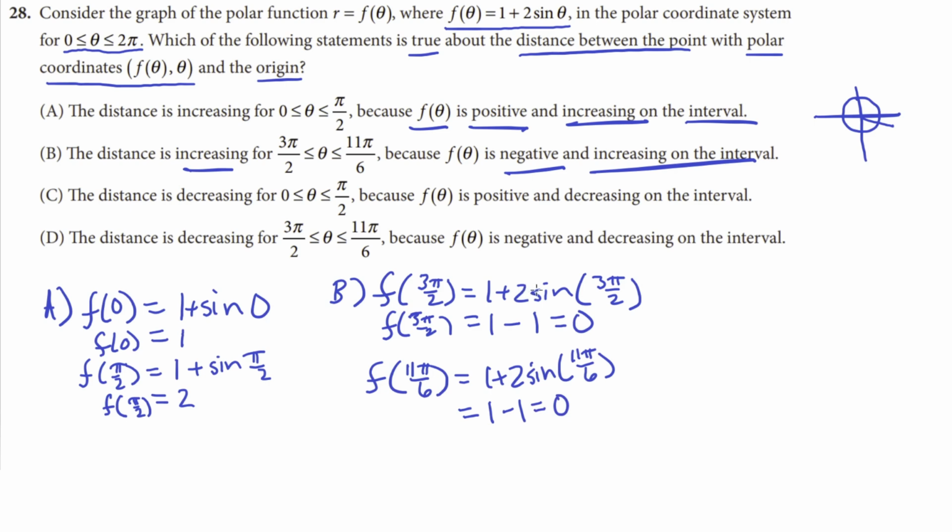Oh, it seems I made a mistake here. Sine of 3 pi by 2 is negative 1, and then negative 1 times 2 is equal to negative 2. So 1 minus 2 is equal to negative 1. So we went from negative 1 at 3 pi by 2 to 0 at 11 pi by 6.